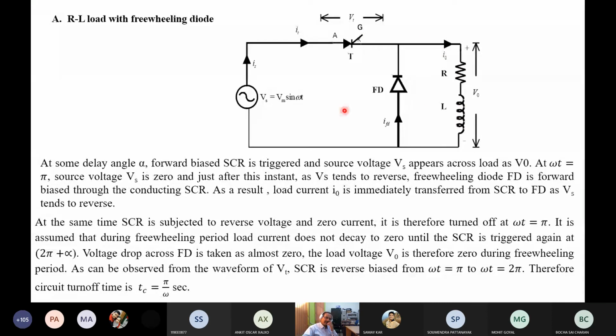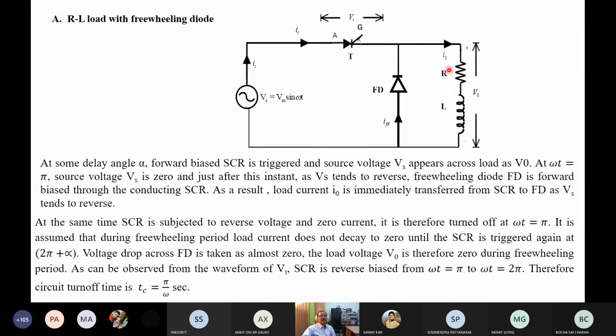Now, in the second half after pi, what happens? This diode gets forward biased. The polarity changes. Initially it is positive, negative. After pi, it is reversed, so the thyristor is reverse biased. That means this path is providing a very high resistance, whereas this path is providing a very small resistance. So almost all current will flow through the forward diode, and the thyristor will turn off. Current is 0 here, so all the current will shift to the diode.